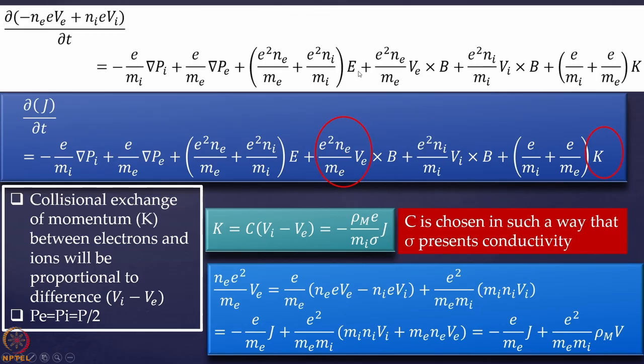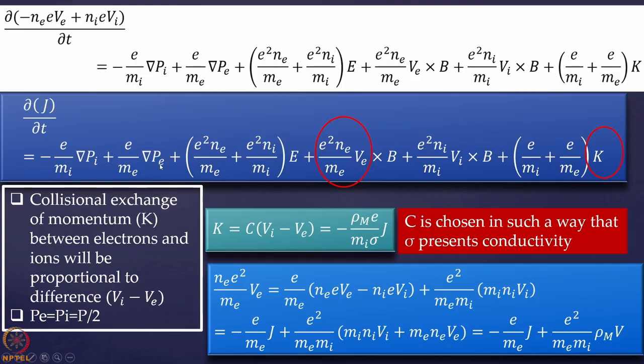Now I have just copied that equation over here so that you can directly compare. As I told you, this term is giving you the current density J. So this is del J by del t. Now this one is minus e by m_i grad p_i.